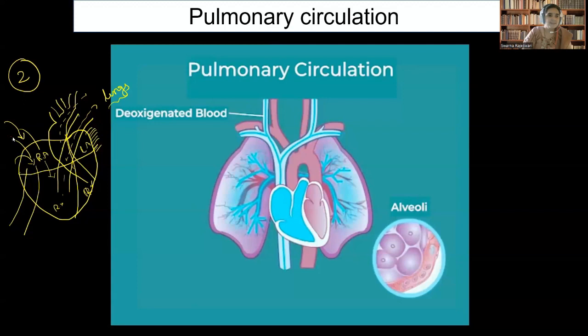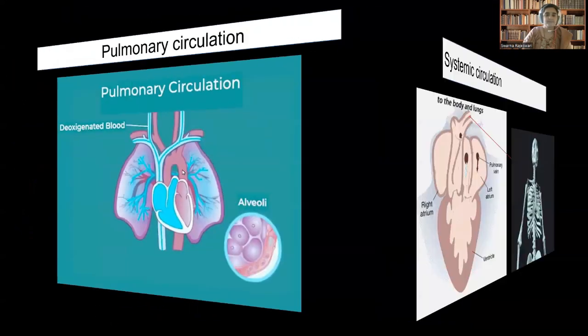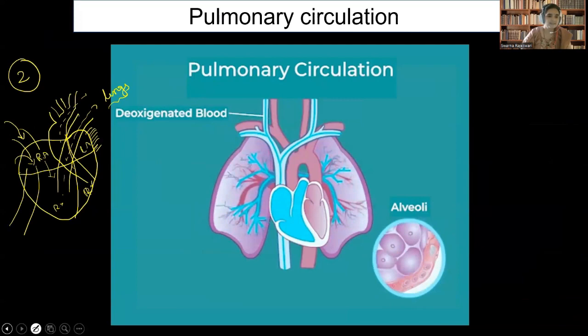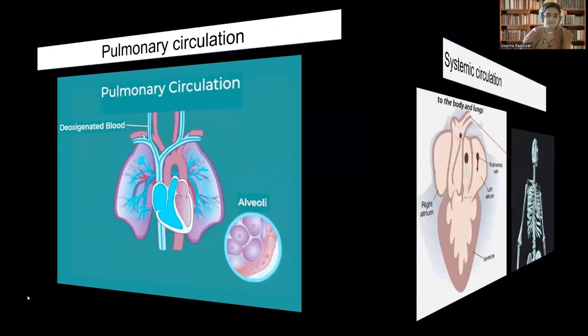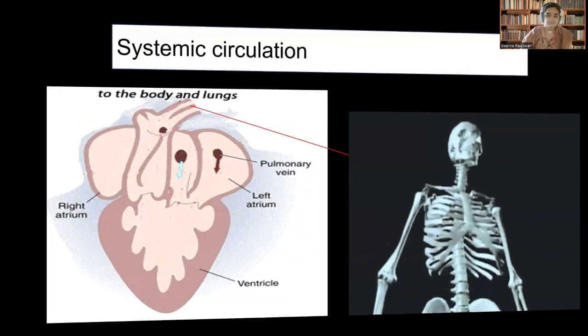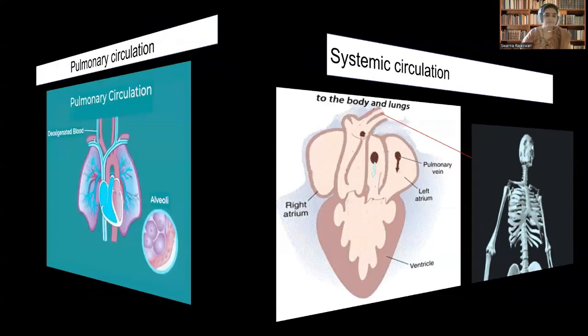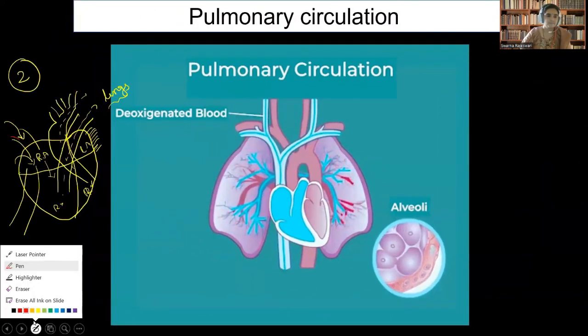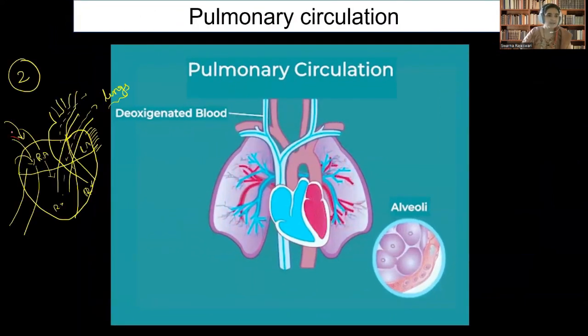Again I will draw and explain. See the blood here. If you see the flow of blood here, the blood from outside is coming into the right auricle, then it is going outside into the lungs.